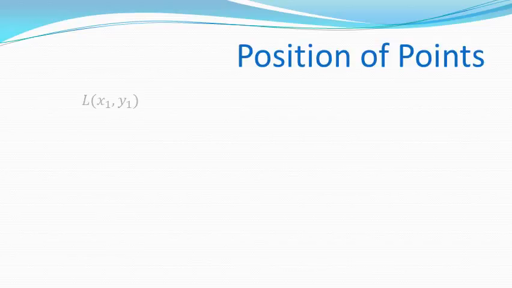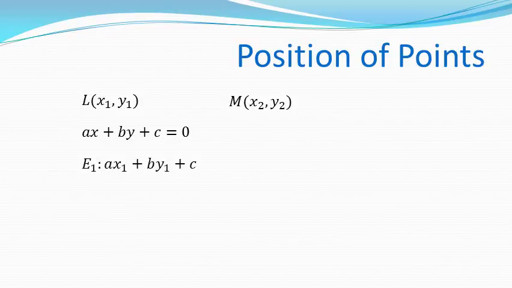Position of points. Well, if we have 2 points L and M, and if we need to find out on which side of a given straight line they lie, we can use this method. So let us say that the equation of the line is ax plus by plus c equals 0. So we plug in the coordinates of L into this line's equation and we get this expression, E1, and we have to notice the sign of E1.